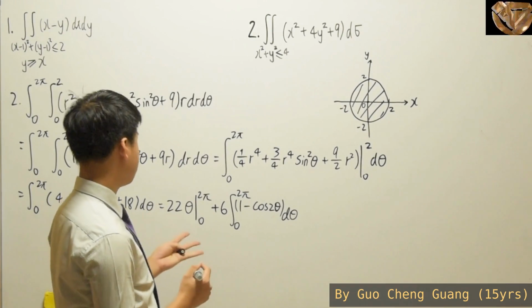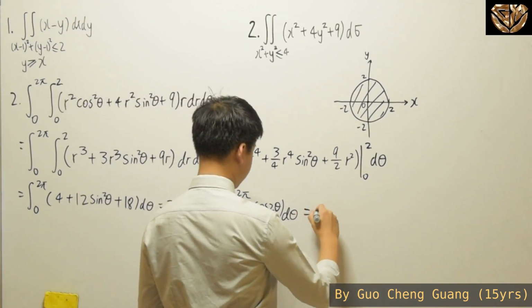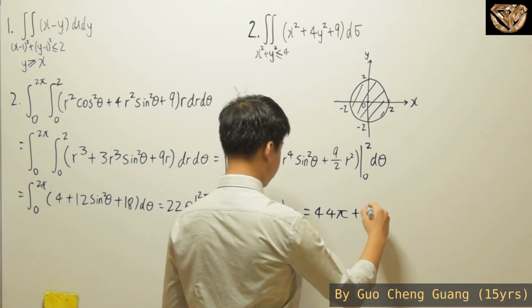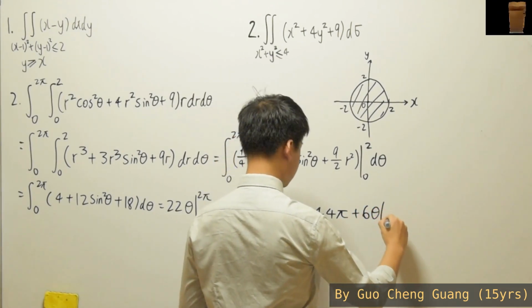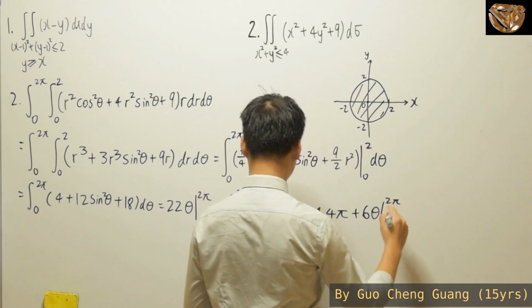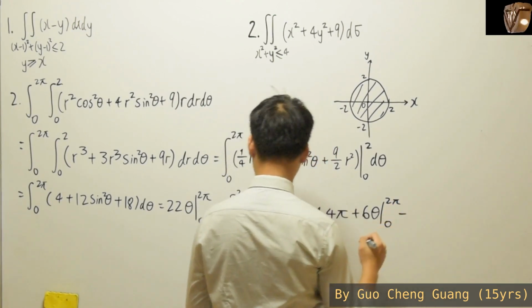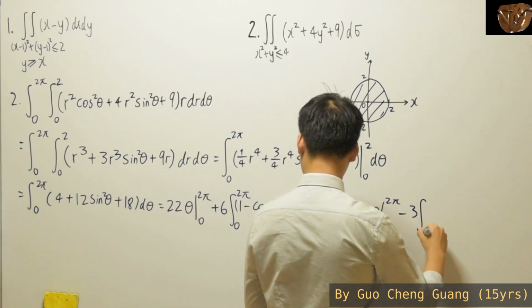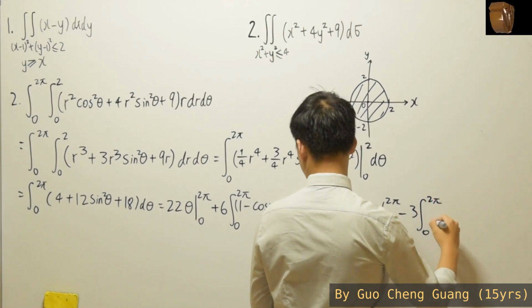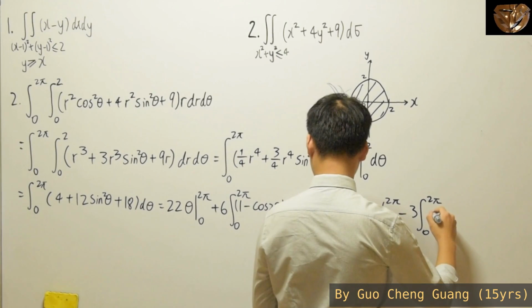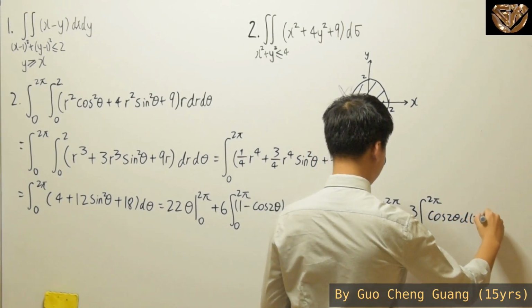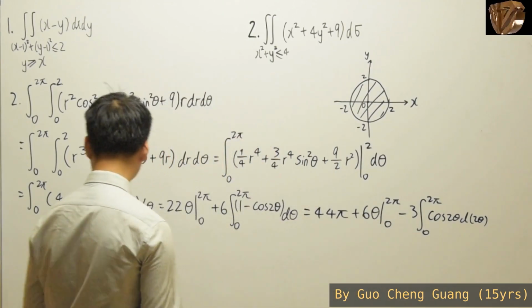Alright, so now for this part, you can just substitute in the first part, which you'll get 44 pi, and then you have to add on 6 theta, substitute in 0 to 2 pi, and then minus 3, integrate from 0 to 2 pi, cosine 2 theta d 2 theta. Alright?